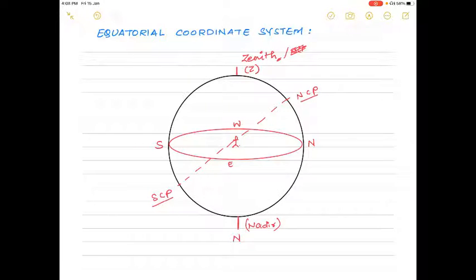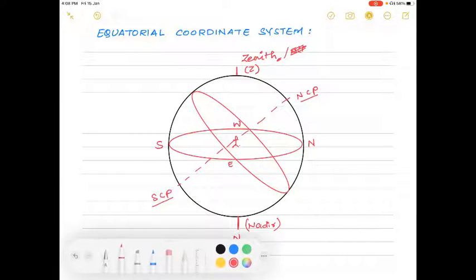One thing you have to remember is that the celestial equator is always perpendicular to the north and south celestial poles. So that is why the celestial equator will become like this. It is always perpendicular to the north celestial pole and south celestial pole. So this becomes the celestial equator.